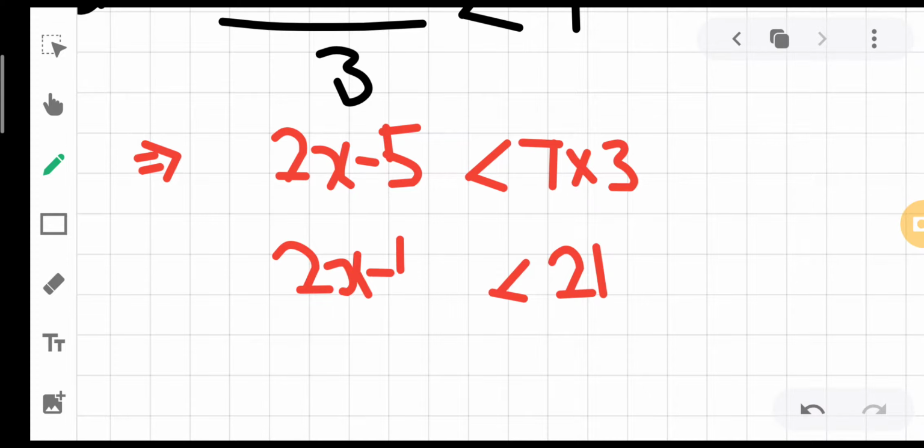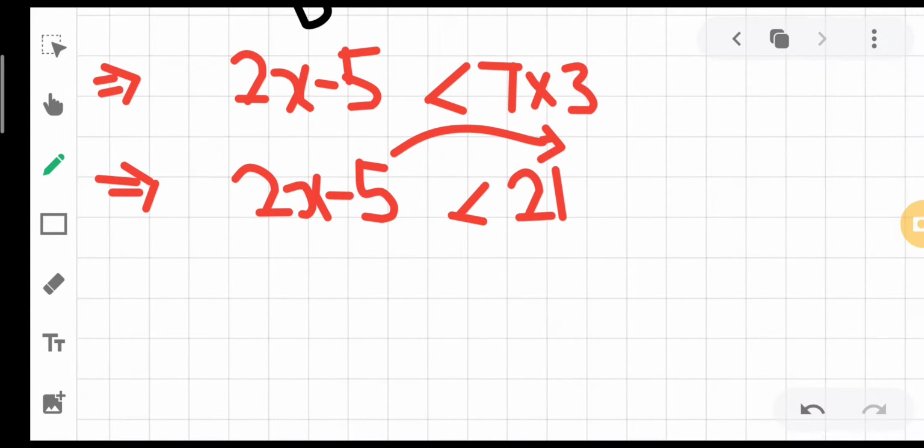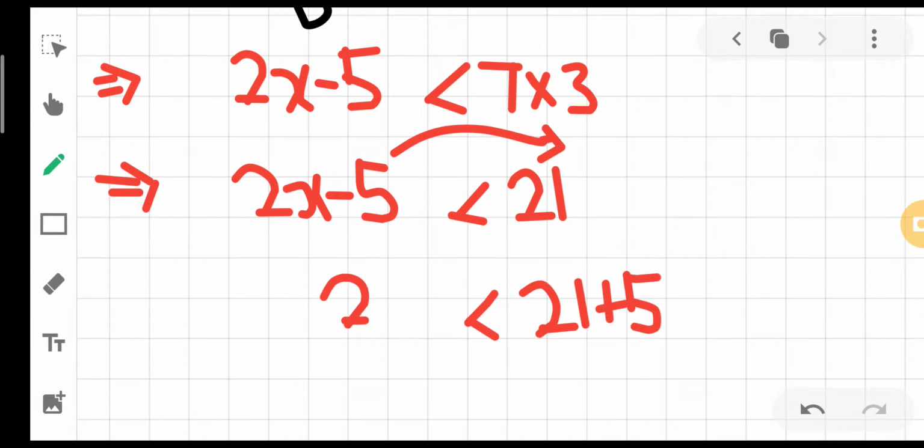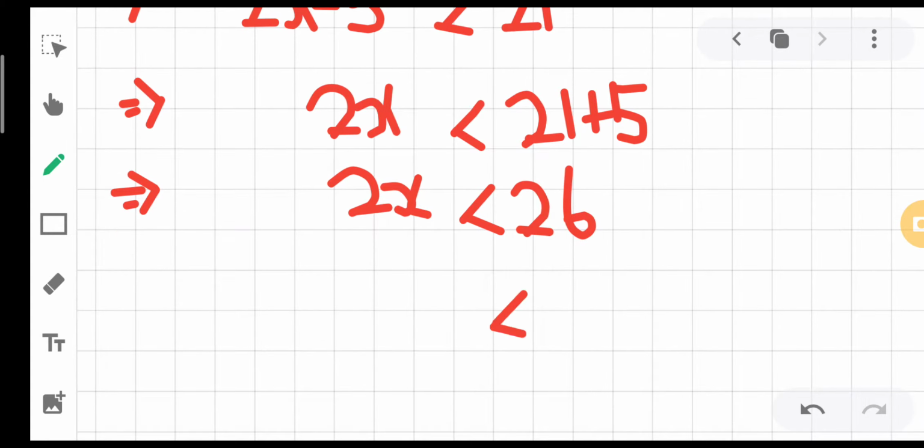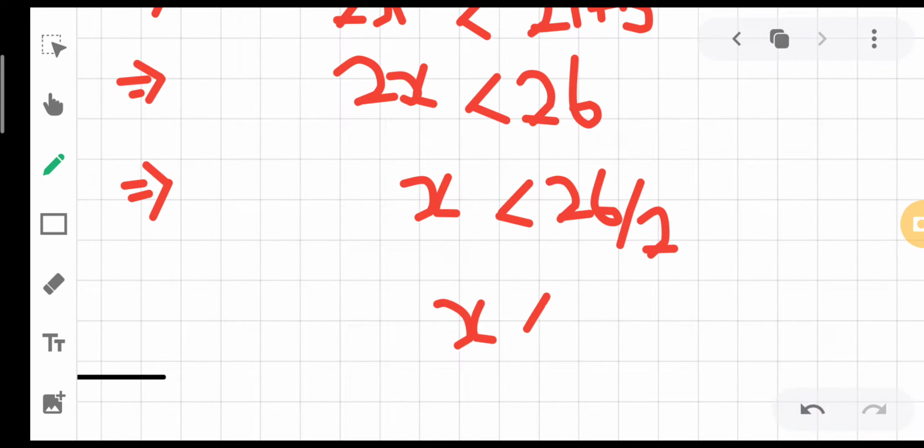Minus 5 by the very next step has to be shifted on the right hand side, becomes 21 added with 5, and here you are having 2x. Finally this is 2x, and 21 added with 5 results in 26. 2 shifted in division comes out to be 26 divided by 2, that comes out to be the value of x, and after simplification the value of x will be 13.